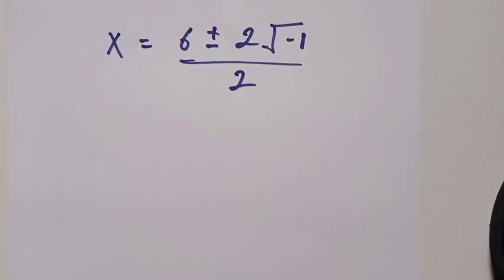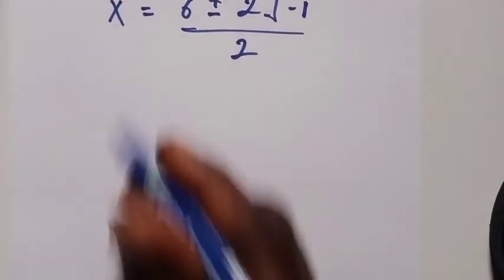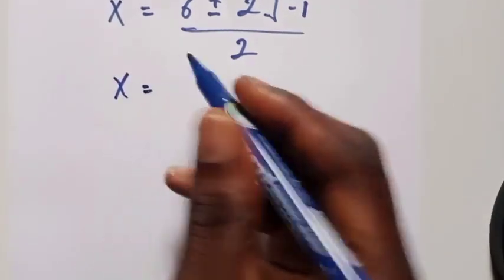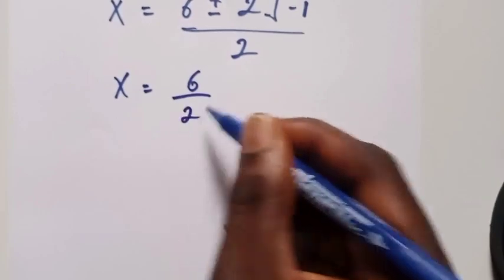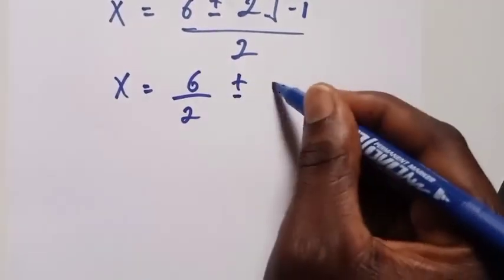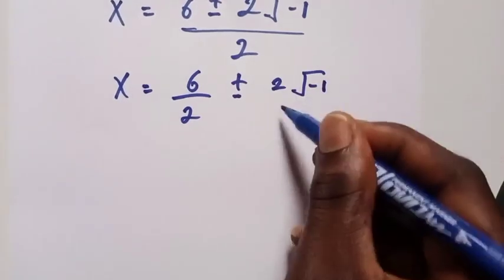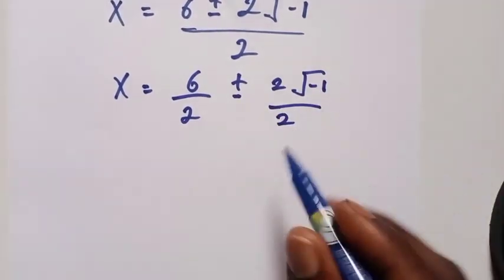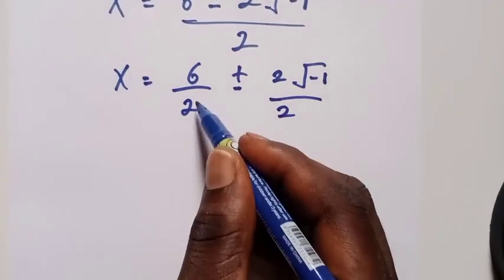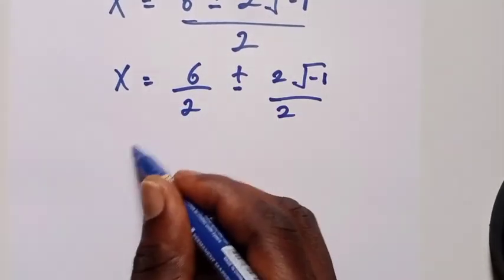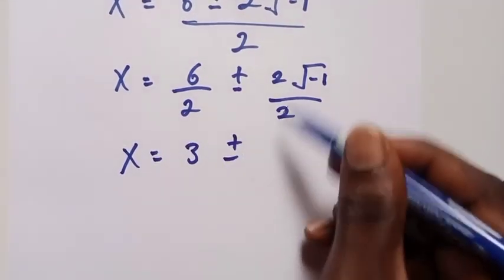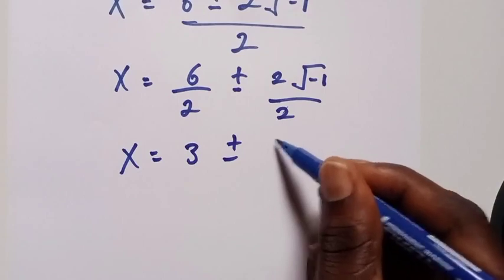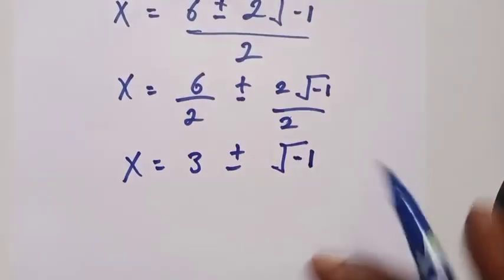Alright, from here, if we separate the fractions, we have x equal to 6 over 2 plus or minus 2 root minus 1 over 2. If the 2s cancel, we have x equal to 3 plus or minus root minus 1.